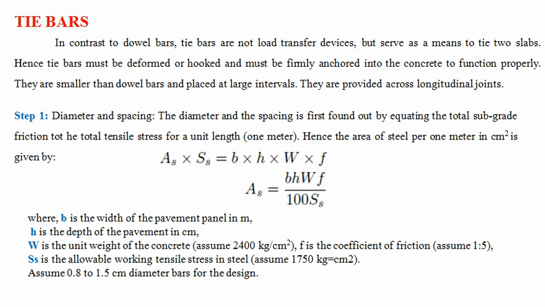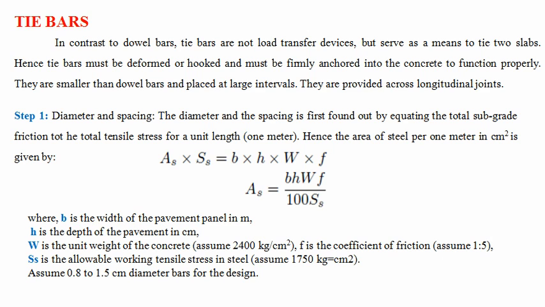Hence, the area of the steel per 1 meter in centimeter square is given by A_S equals B into H into W into F upon 100 into S, wherein B is the width of the pavement panel in meters, H is the depth of the pavement in centimeter, W is the unit weight of the concrete, which is assumed to be 2400 kg per centimeter square.